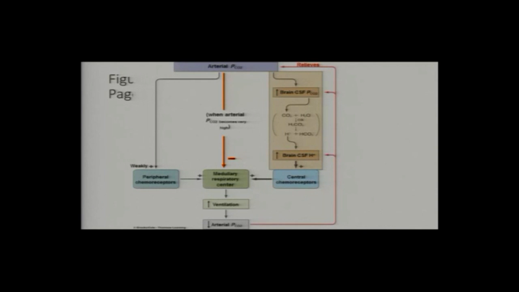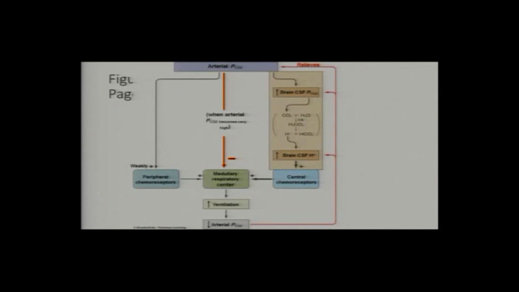Now, when arterial PCO2 increases, the central chemoreceptors sense that change and stimulate the medullary respiratory center. And the response is, if PCO2 increases, an increase in the rate and depth of breathing.